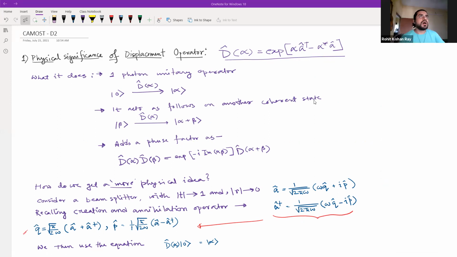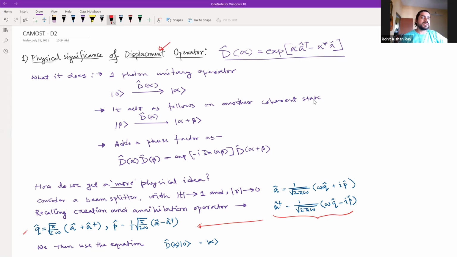Okay, then I'll first begin by starting with problem number 1, which is: explain the physical significance, the physical meaning of the displacement operator, and show that the operator transforms the position and momentum operators. So first, let us try to get what this operator does.